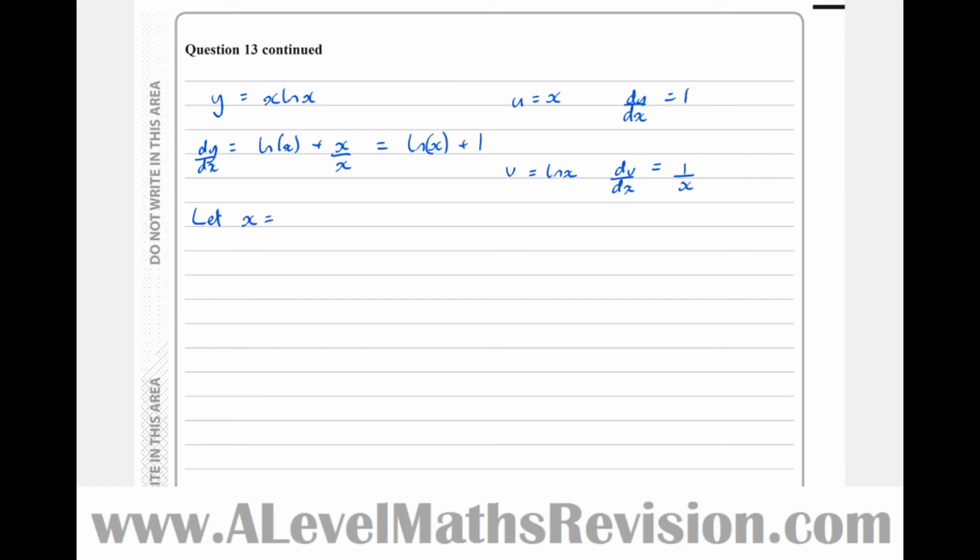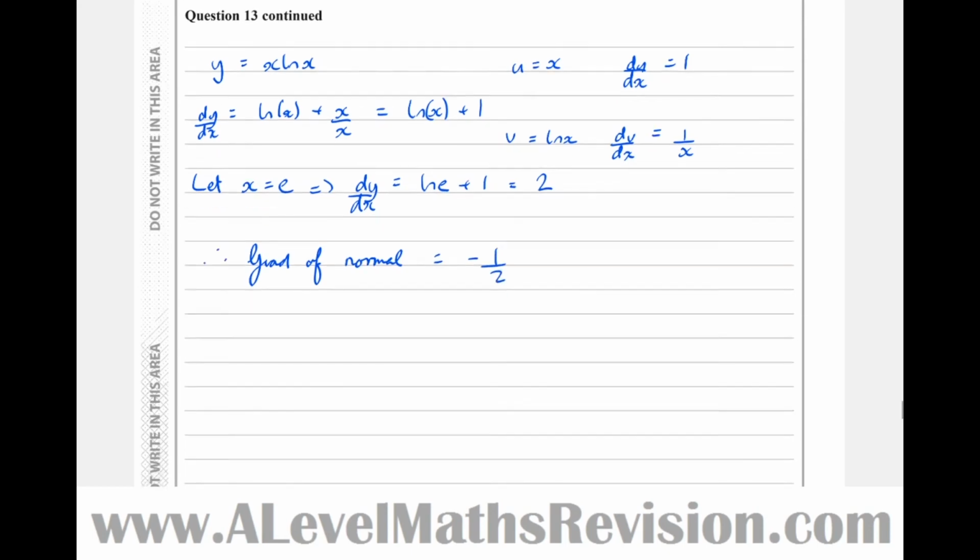Let x equal e, which means that dy by dx, the gradient of the curve at this point, is log of e plus 1, which is equal to 1 plus 1, which is 2. Therefore, the gradient of the normal is the negative reciprocal of that, minus 1/2.